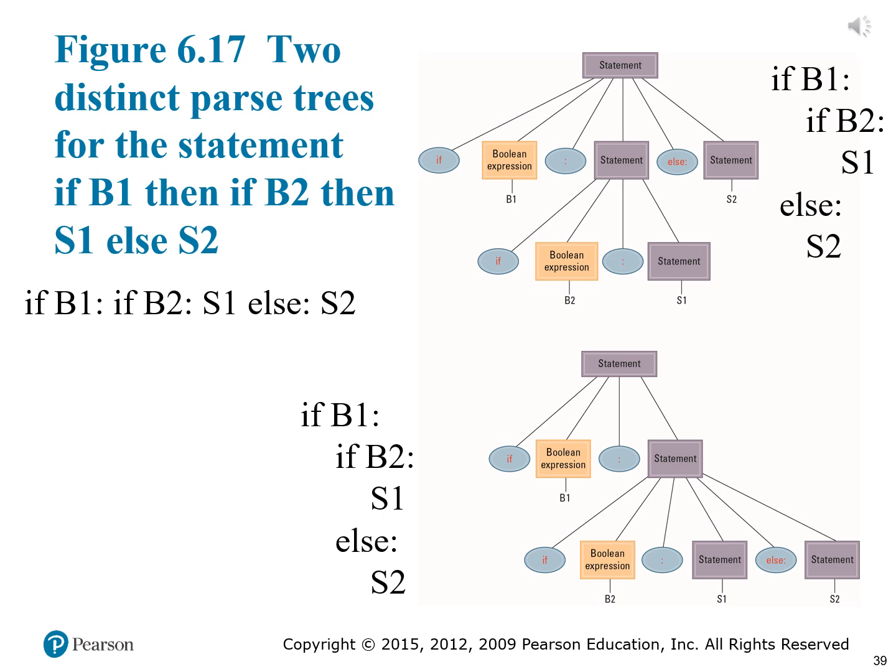The second implies that S2 is to be executed only if B1 is true and B2 is false. The syntax definitions of formal programming languages are designed to avoid such ambiguities. In Python, we avoid such problems by using indentation, as shown by the lower code sample and parsing diagram.